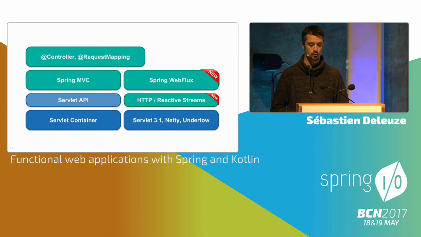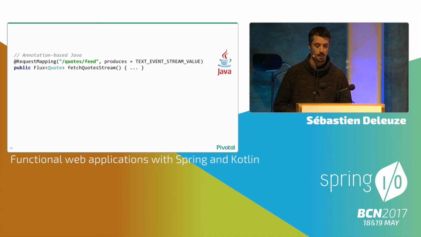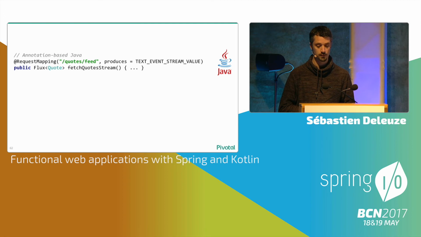So in addition to the annotation programming model, you can use this router function that we are going to describe. We are beginning with a Java version, and then we will switch to the Kotlin one. So this is a regular annotation-based WebFlux server-sent events endpoint. It returns a flux, and you specify the text event stream media type.